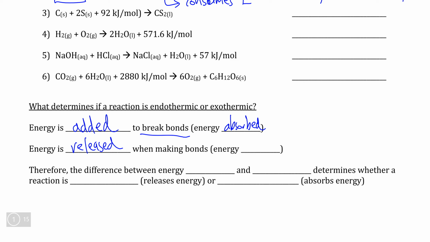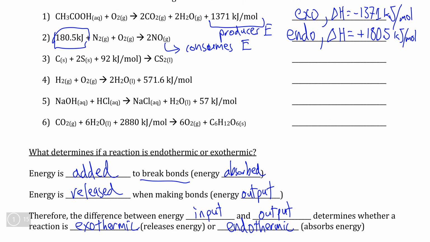And if any extra energy that was put in is left over, that extra energy, which is what we call the energy output, is then released. So therefore, the difference between the energy input, the energy absorbed, and the energy output is what determines whether the reaction either releases energy if the reaction is exothermic, or absorbs energy if it is endothermic.